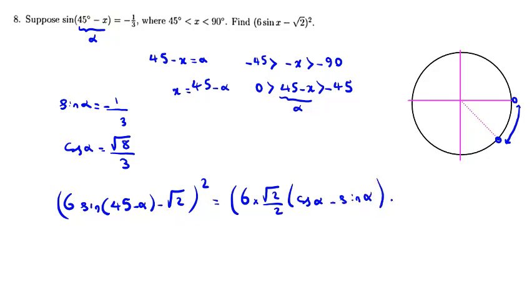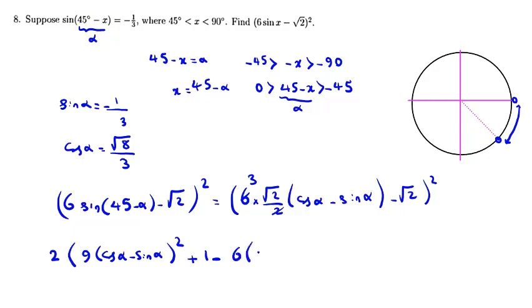So here it will be 3, and we can factor root 2, so it will be 9 (cos alpha minus sine alpha) squared plus 2 minus 2 root 2 times 3, which will be 6 (cos alpha minus sine alpha).